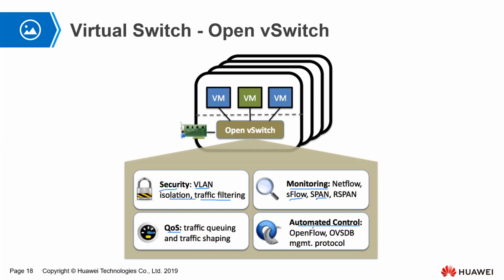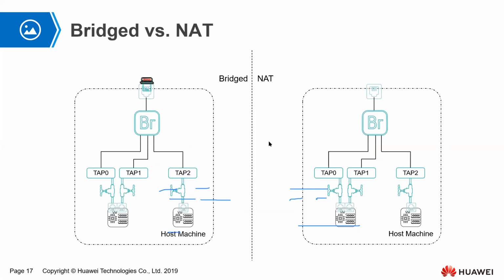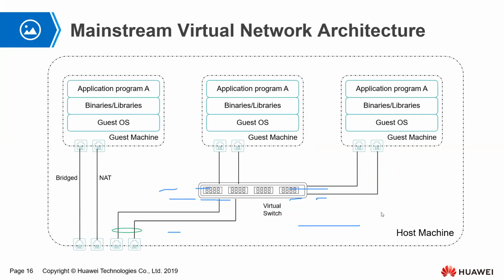Okay, so when you're using Open vSwitch, the virtual switch is here, the one we have just seen. It uses that operating system. We all know that all switches have some kind of operating system that they use.